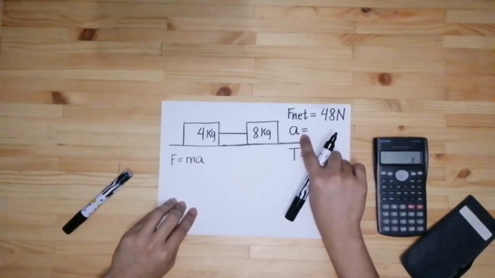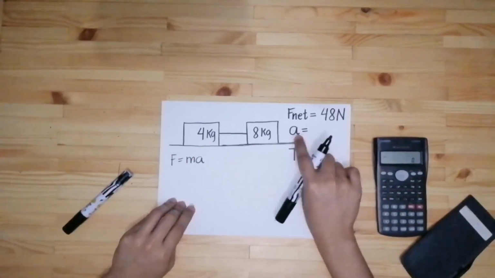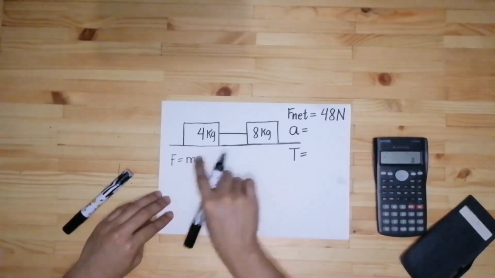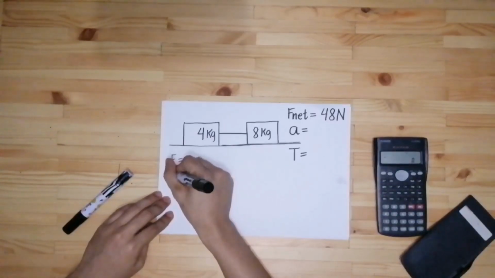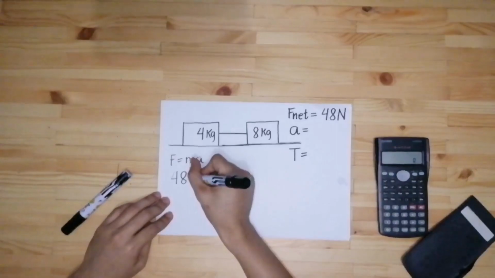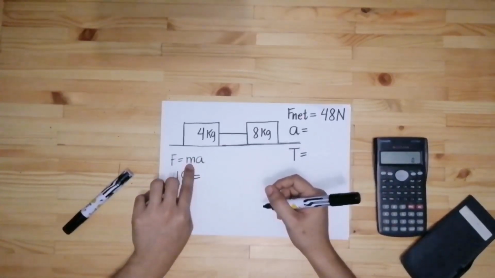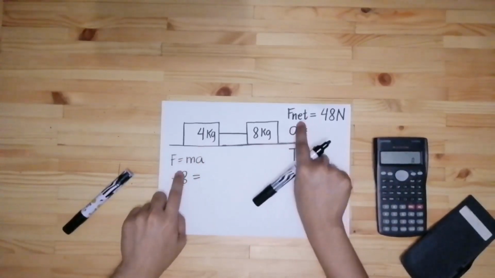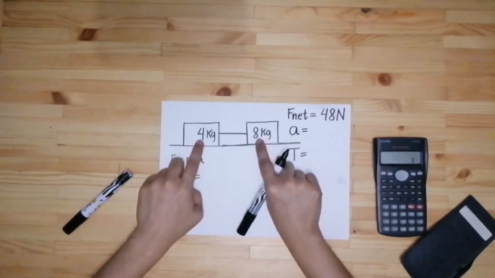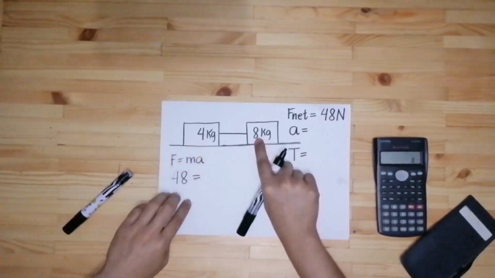Let's find the acceleration. To find that, we use this formula to get the A. So our F is given as 48, the net force, total. 48 newtons equals, the mass we will use, we have two masses. Since total force was used, total mass will also be used. So we just add the two masses. This is our mass, 4 and 8. So, 4 plus 8, that is 12.